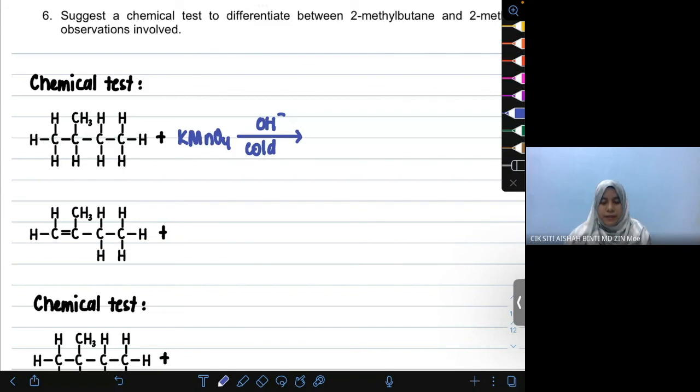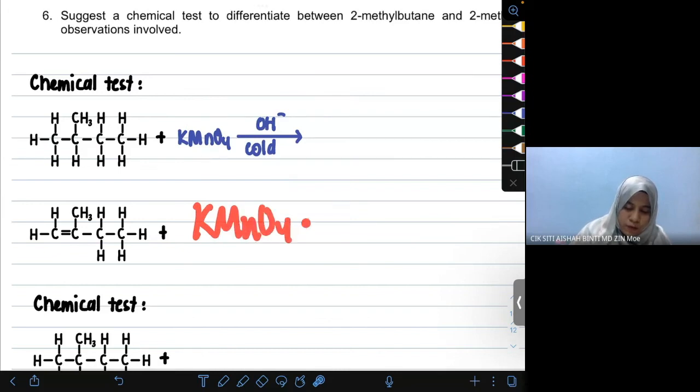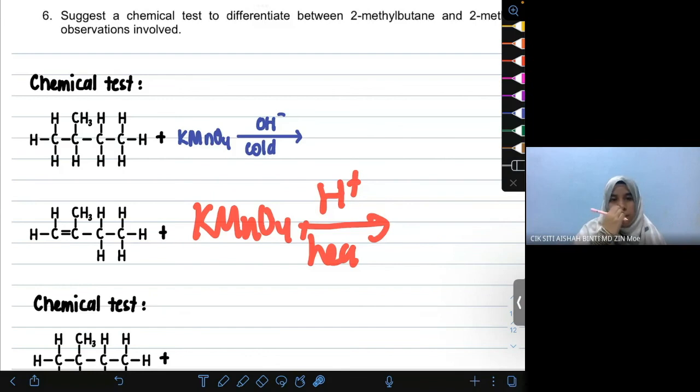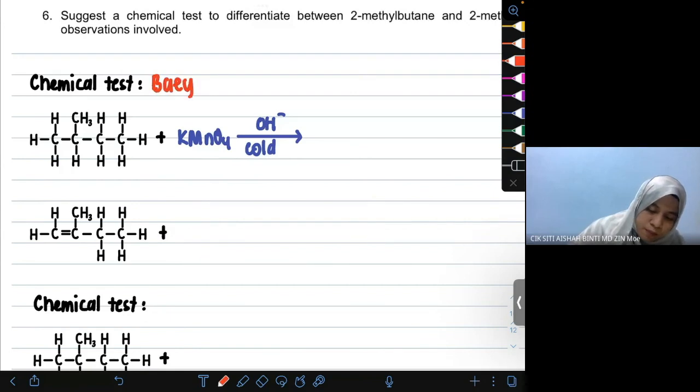This is actually a Bayer test. Bayer test: KMnO4, OH minus, cold. For oxidation it is KMnO4, H plus, so different to oxidation. This is for our Bayer test. Okay, I forgot. The chemical test here, we have to write down the name, Bayer test.